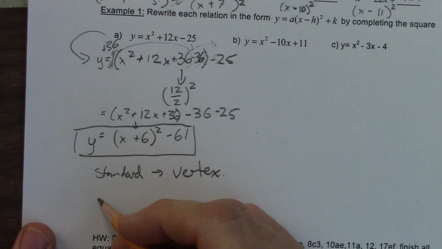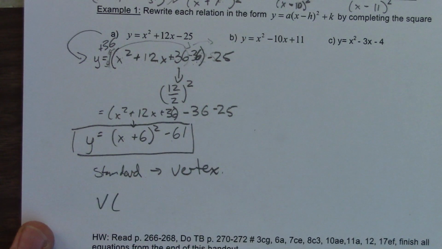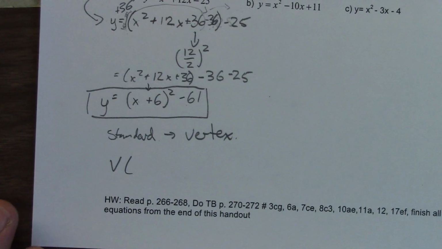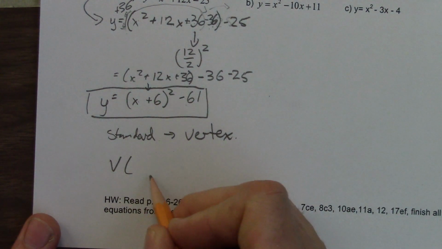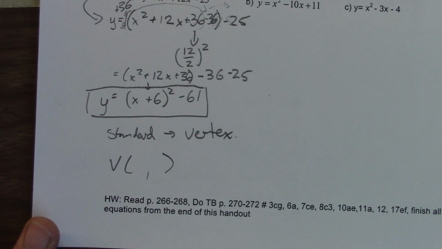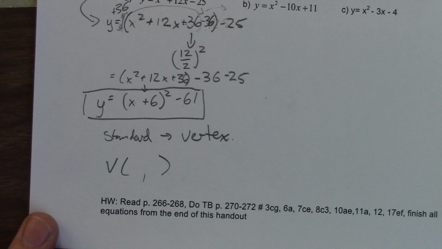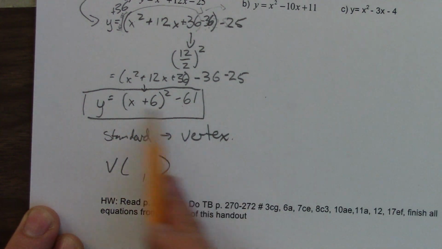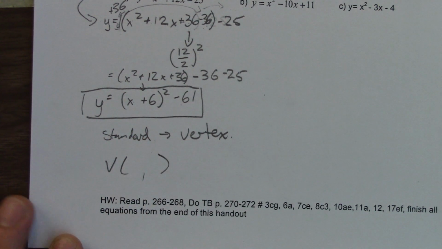And what is the vertex here, Rudy, for the record? The vertex is an x and y coordinate, right? Oh, so 1 and 6. No. If you can't pick out the vertex here in vertex form, we're going to have a whole bunch of trouble.